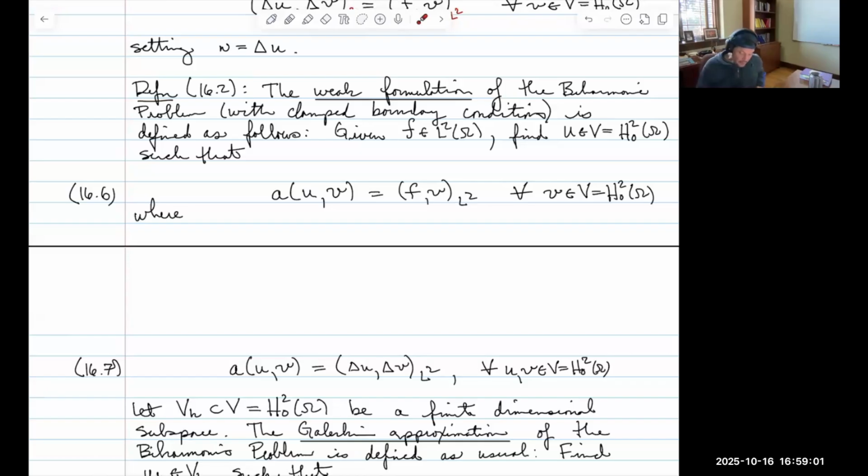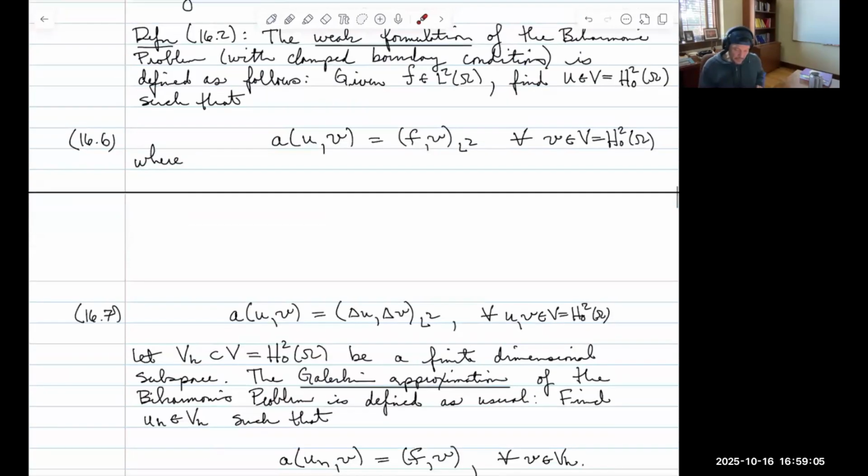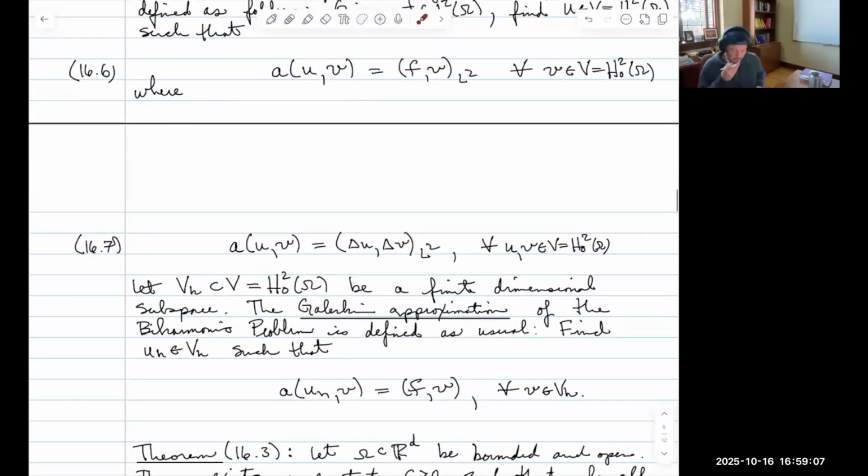And it's easy to get a Galerkin approximation in this setting as well. So how do we do Galerkin approximations? Same deal, same way. We're going to let V_h be some finite dimensional subspace of V. We don't know how to make a finite dimensional subspace yet, but let's just suppose one does exist. If a finite dimensional subspace of H_0^2 exists, we'll set that to be V_h.